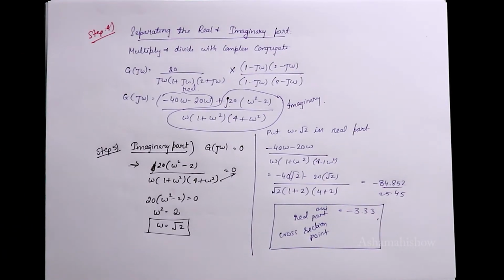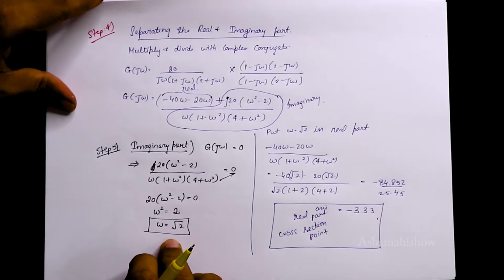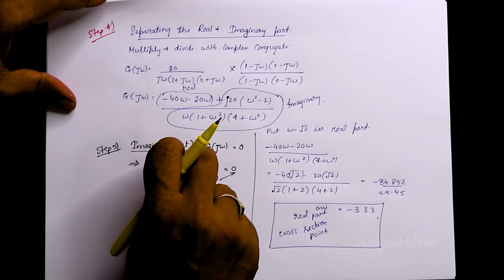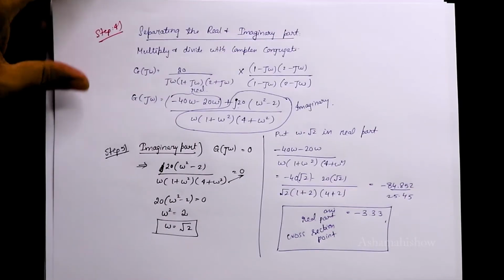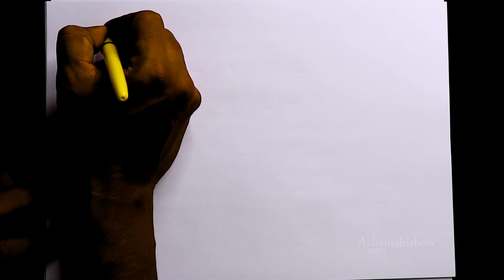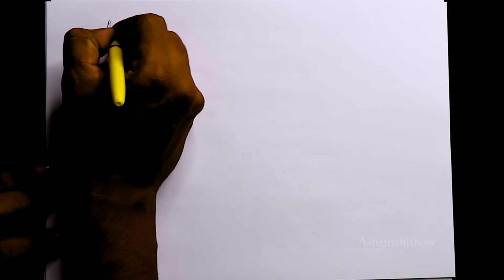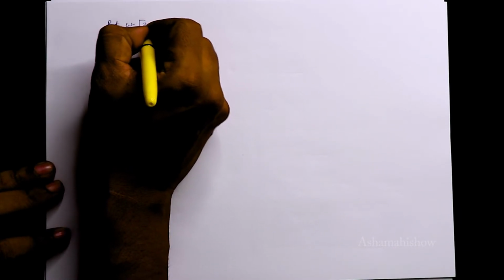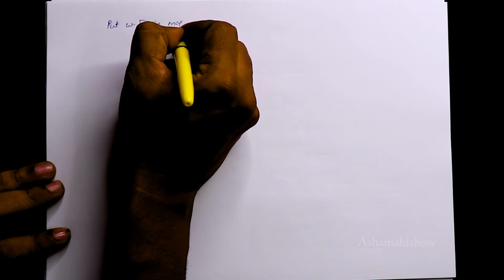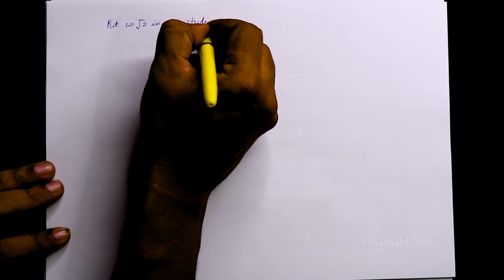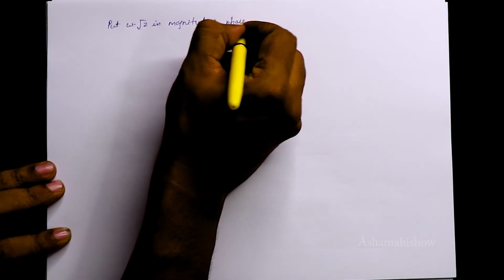Now we'll put omega equal to root 2 in the phase and magnitude formula.